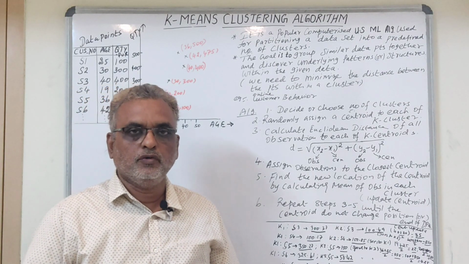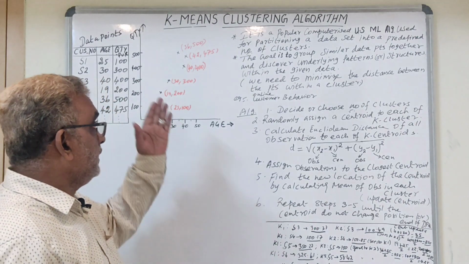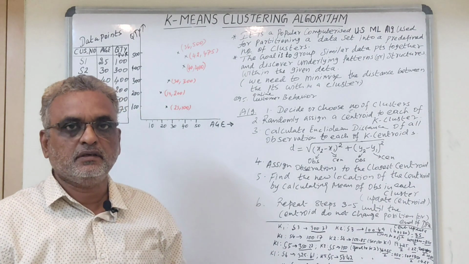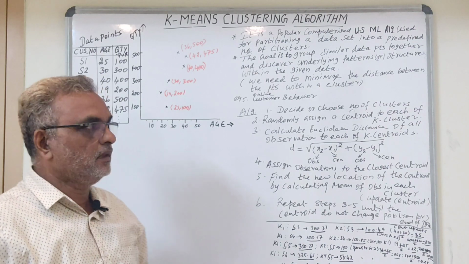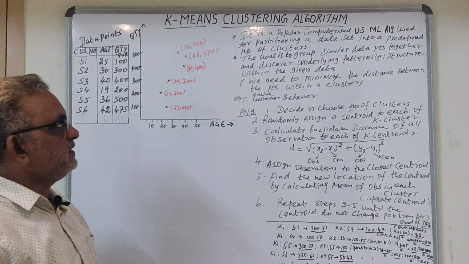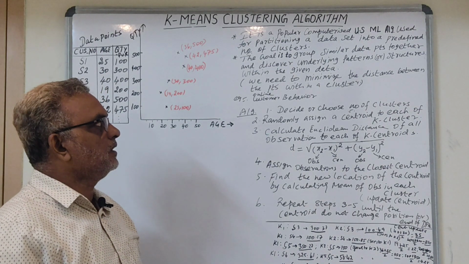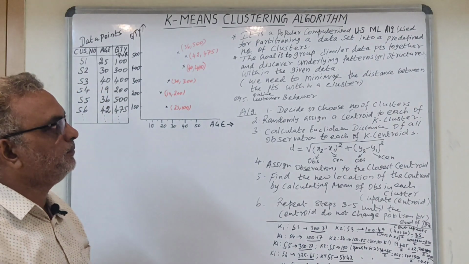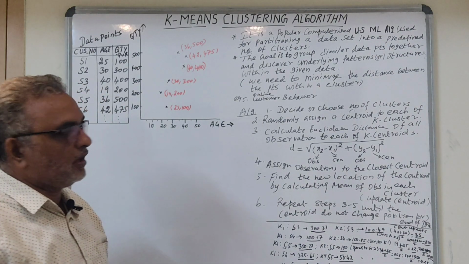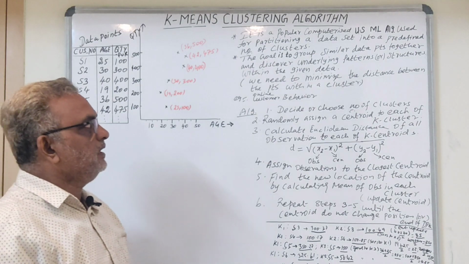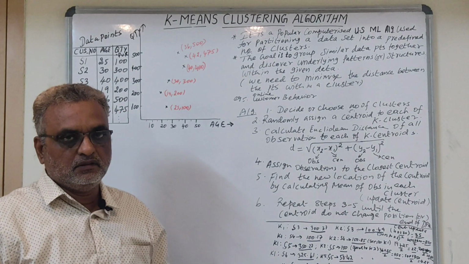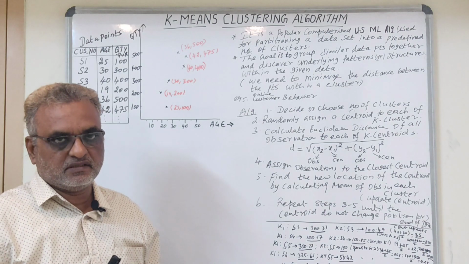In this video, we are going to discuss the k-means clustering algorithm from machine learning. It is a popular unsupervised machine learning algorithm used for partitioning a data set into a predefined number of clusters.